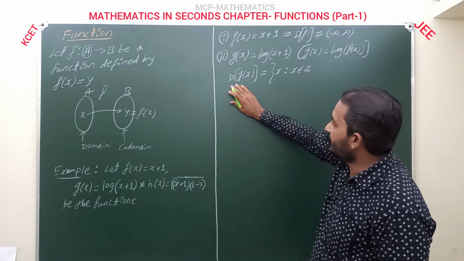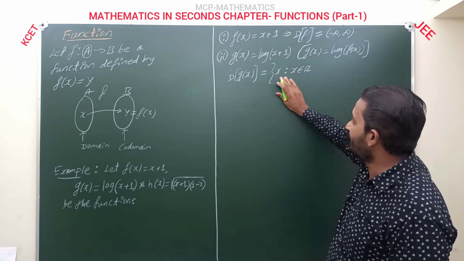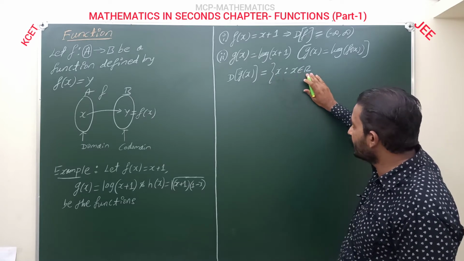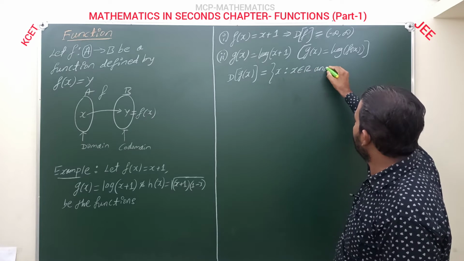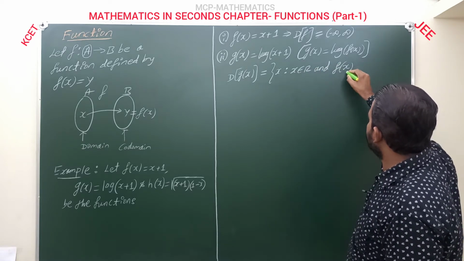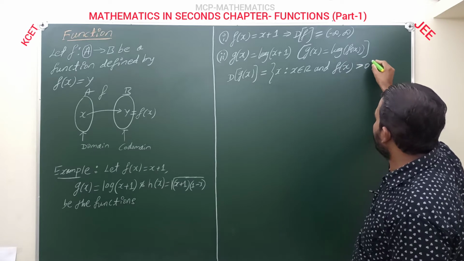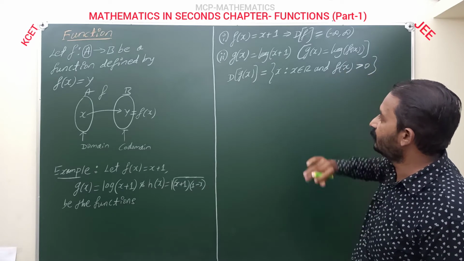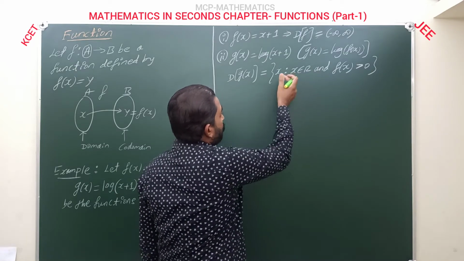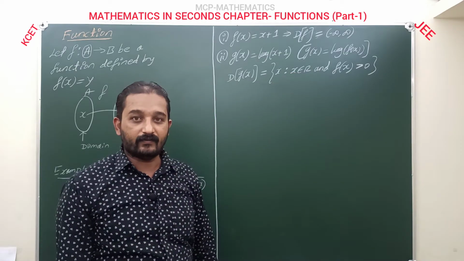So the domain of g of x is the set of elements x such that x belongs to the real numbers and f of x is strictly greater than 0. This is the domain of any log function. Using this formula, we can find the domain of any log function.